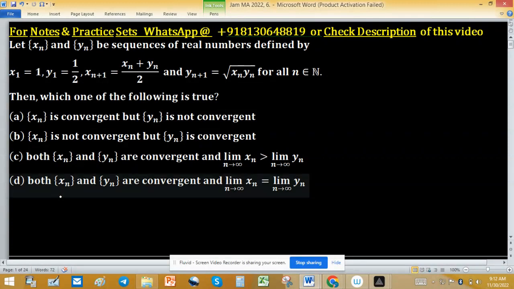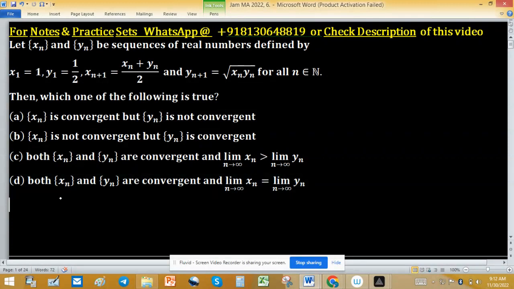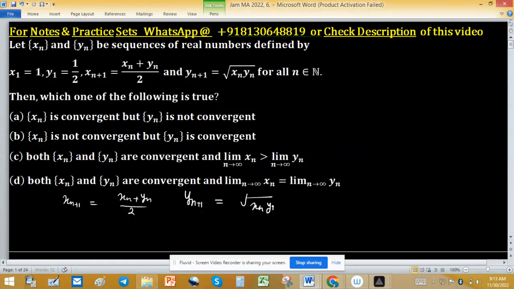So first, try to find a relation between xn and yn so that we can easily predict whether xn or yn is monotonic or bounded. As we know, xn plus 1 is given as xn plus yn divided by 2, and yn plus 1 equals the square root of xn into yn. So this is the arithmetic mean AM, and this is the geometric mean GM.